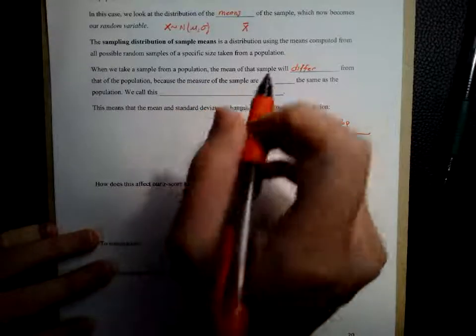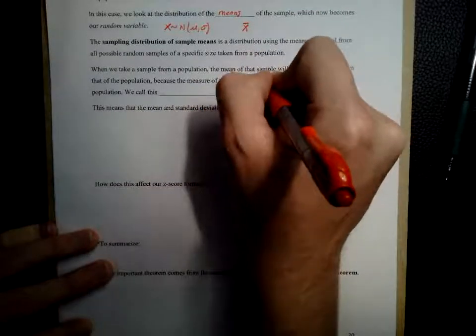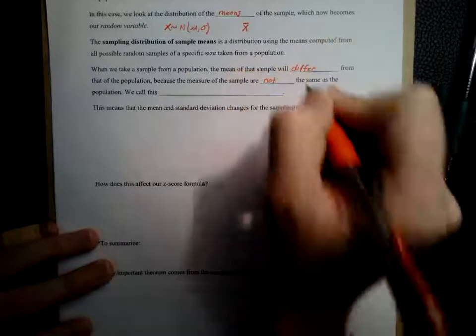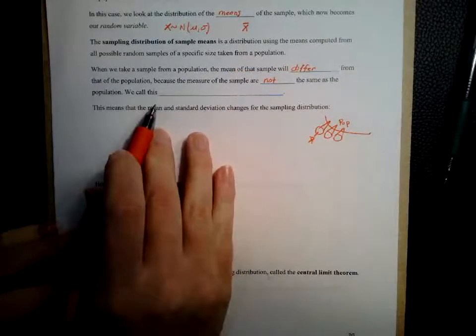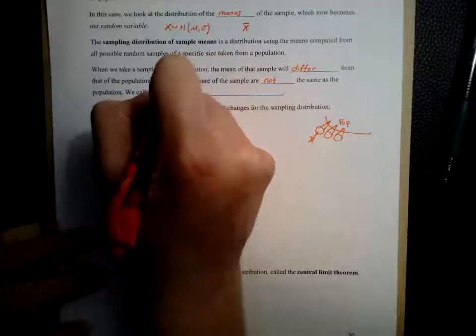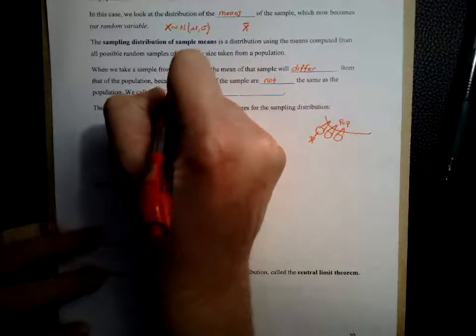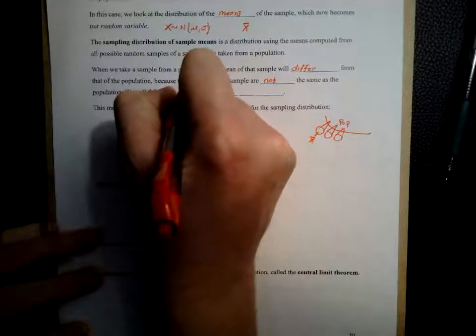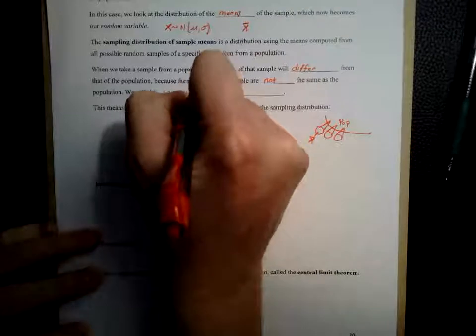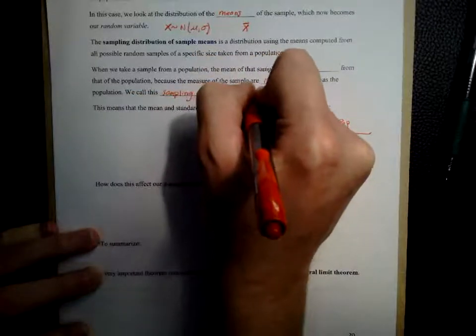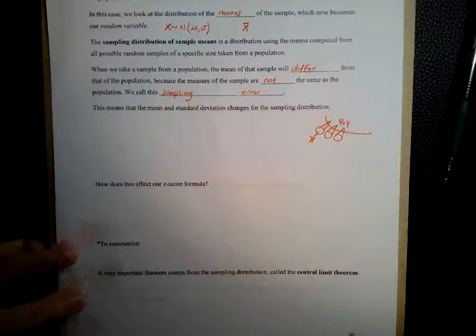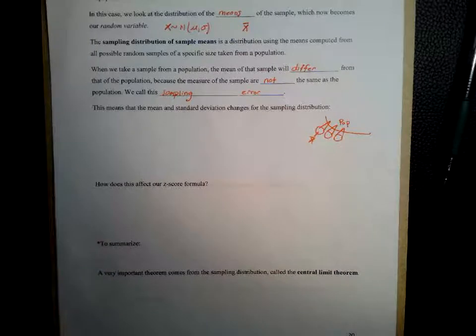Now, this phenomenon we call the sampling error. And that should make sense. There's going to be some error between the sample and the population, because a sample could possibly not be an accurate representation of the population for every sample we take.